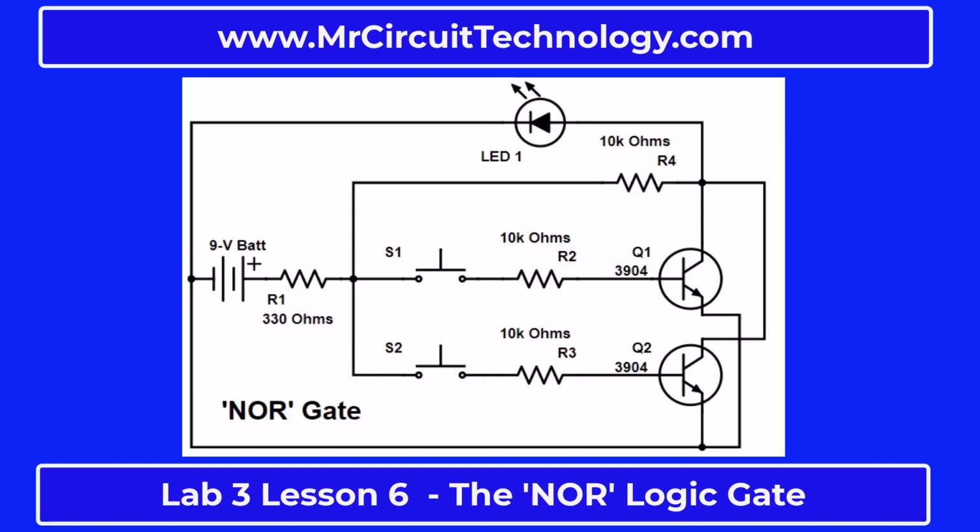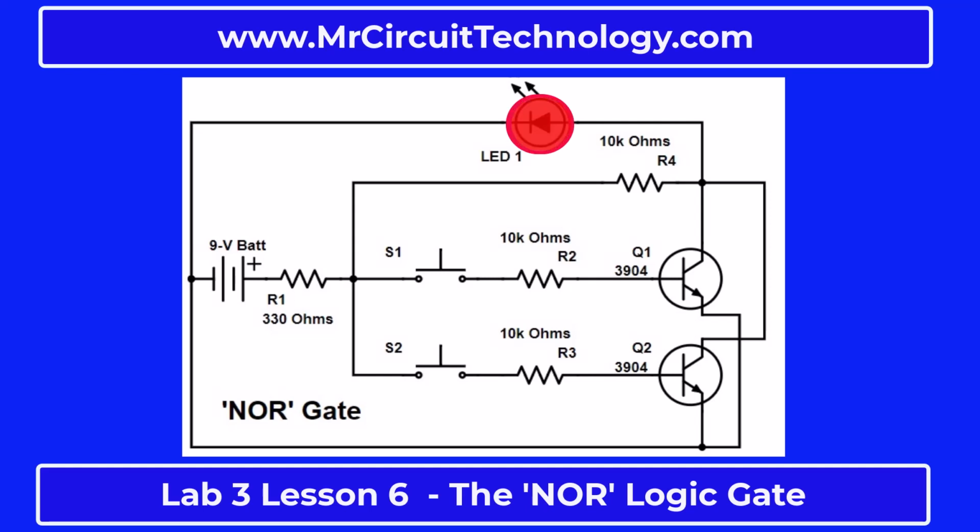When both switches are pressed simultaneously, the path for the current is through both transistors and the LED will turn off, indicating a false on the output. If you do not press any switch, which is the equivalent of putting a false on both inputs, the LED will light up, indicating a true on the output of the circuit.